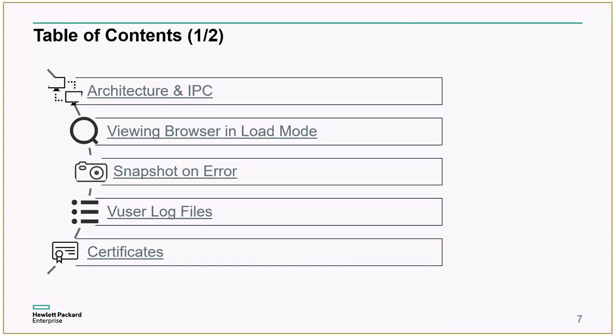So the content is basically first to understand the TruClient architecture and what IPC is all about. Later on, we'd like to educate you about how you can view the browser when you run it in load mode from Controller or Performance Center, in order to troubleshoot things.